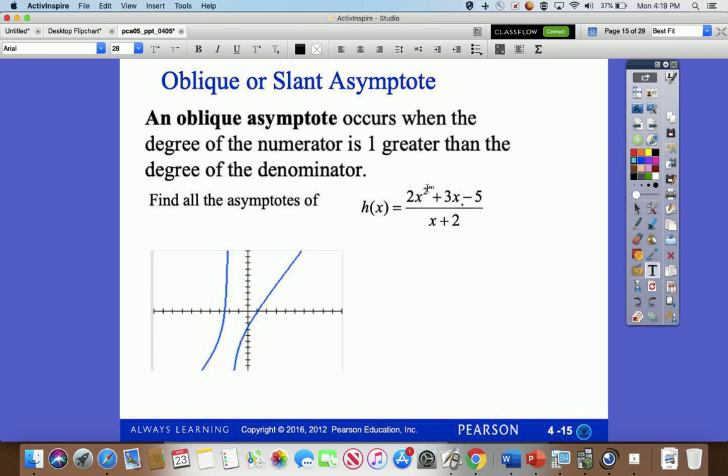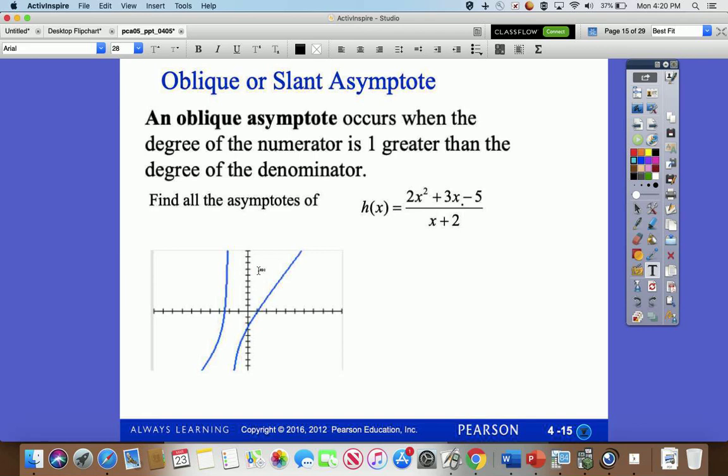The degree of the numerator is 2, the degree of the denominator is 1. So it's a special case of when the degree is greater in the numerator than the denominator. We don't have a horizontal asymptote, but if it's only 1 greater, we can have an oblique asymptote.